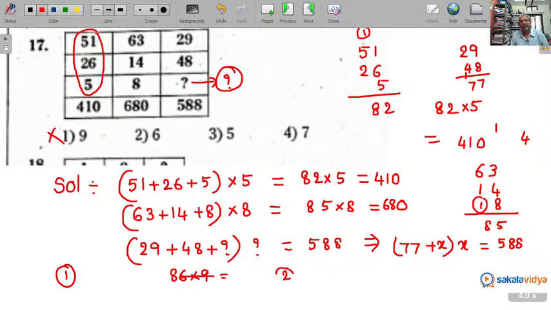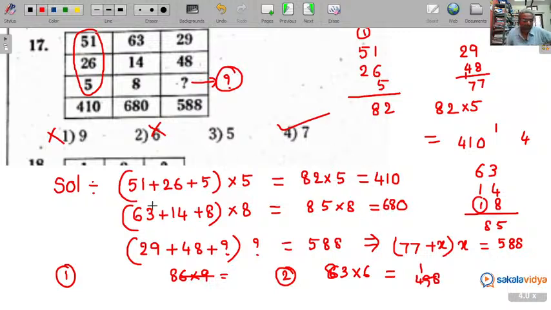Go to the second option. 77 plus 6 is 83. 83 into 6, you will be getting 498, no, wrong. Obviously, the fourth one will be the right option.